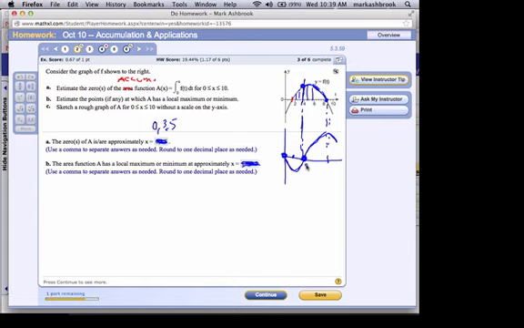Okay, what about local max and min? Well, we've done the hard work here. So where is there a maximum or minimum of the accumulation? Where's the first one? 1.5. Why is there a minimum at this point?